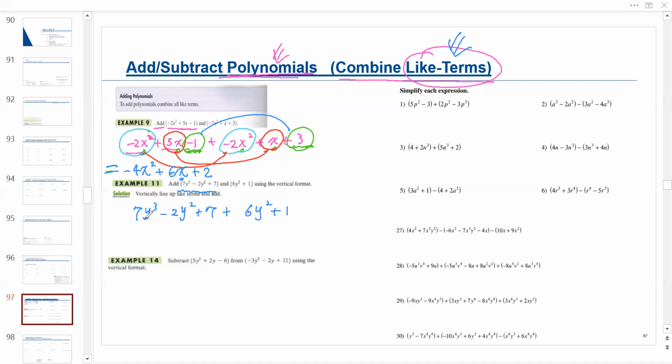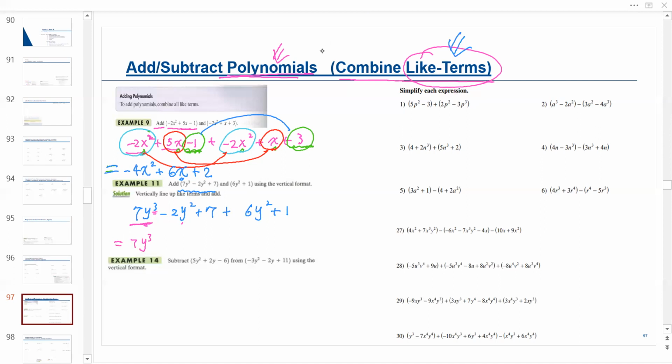Firstly, we find which one is the like term. You can see here is y cubed. The rest is not cubed. There's no y cubed here. It's y squared. It's y cubed. So this one is alone. There's no like term in this expression. So this one you can copy down first, right?